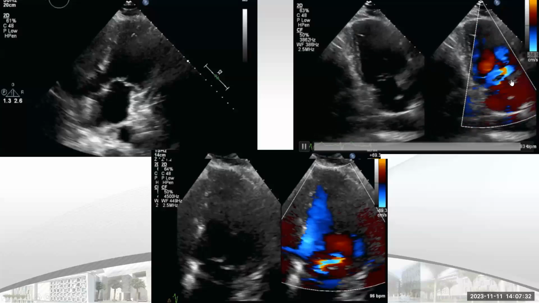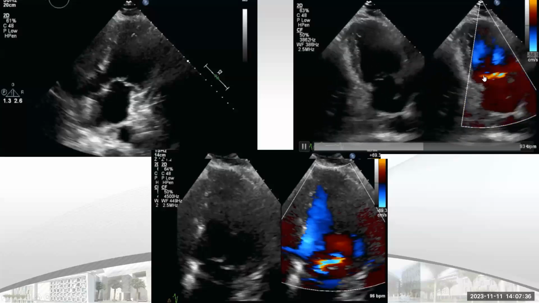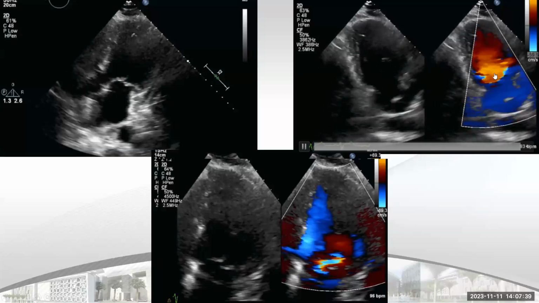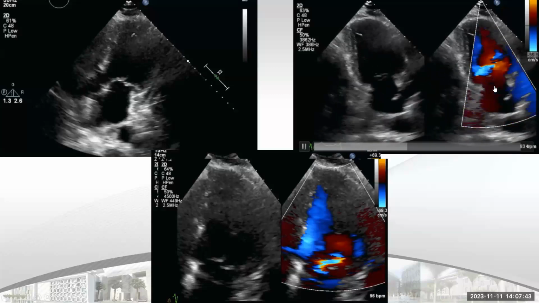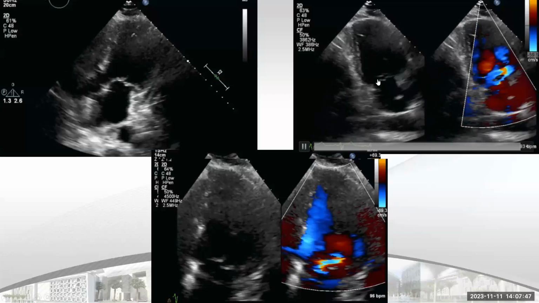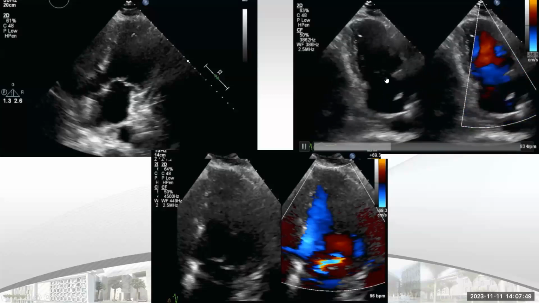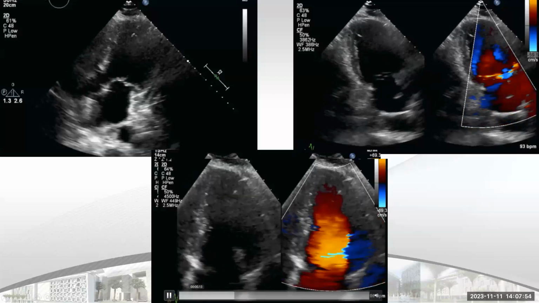But here, there is no clear Coanda because it doesn't go to the left atrium wall. It's just very horizontal to the leaflet. If you have a very horizontal jet and its width is large, very horizontal to the leaflets, this is an indication of severe regurgitation, and this is what we call the splay sign.